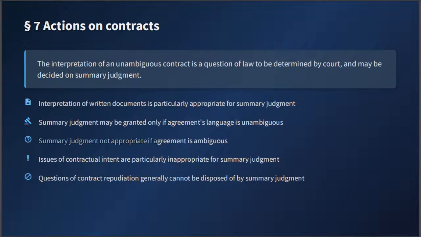Summary judgment is not appropriate if the agreement is ambiguous, and issues of contractual intent, remember the intent, are particularly inappropriate for summary judgment. And questions of contract repudiation generally cannot be disposed of by summary judgment. So there are questions of that, that's their facts. So anything that's dealing with things like intent, state of mind, disputed facts, it's not for summary judgment.